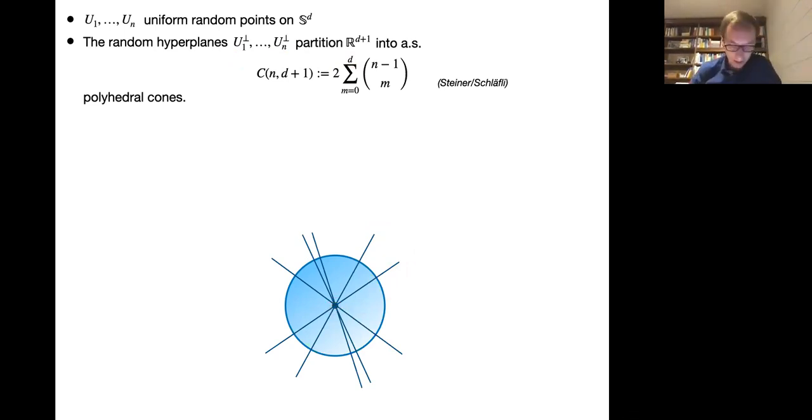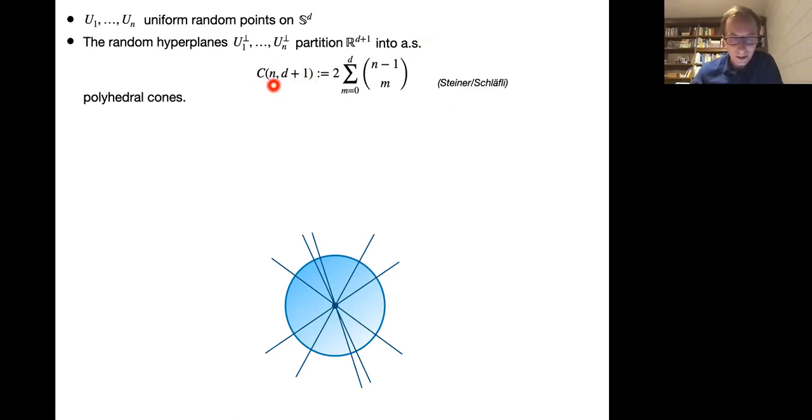And it's a very old result going back to Steiner for d equals 3, I guess, and Schläfli for all higher dimensions, that independently of everything, almost surely, this is a constant number of random cones, and this constant number I will denote by C(n, d+1).